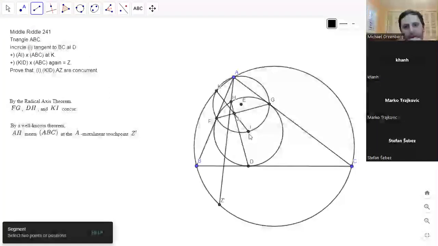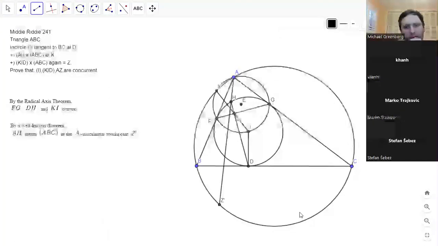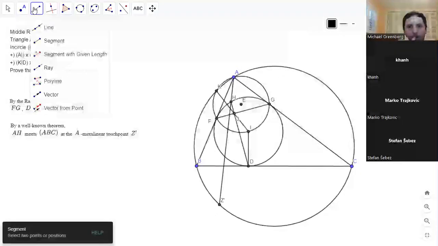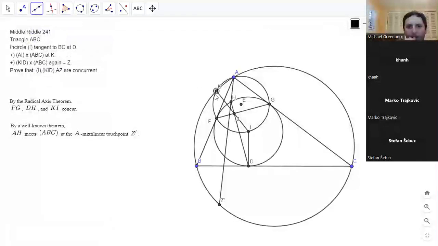Let's think about that. So this passes through the midpoint. Let KD meet circumcircle ABC. It should be the midpoint of arc BC. Yes.